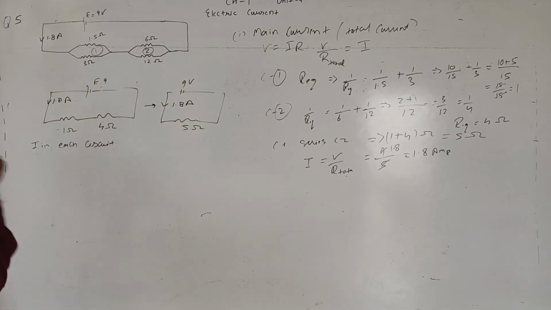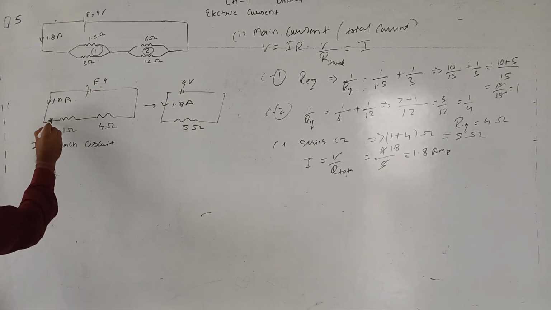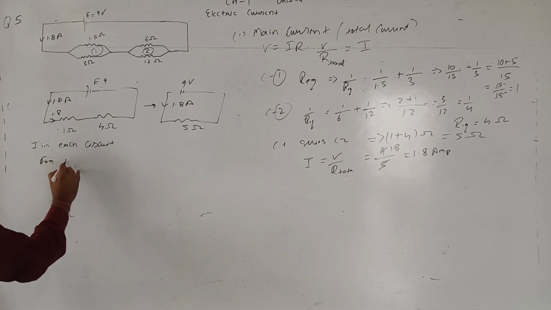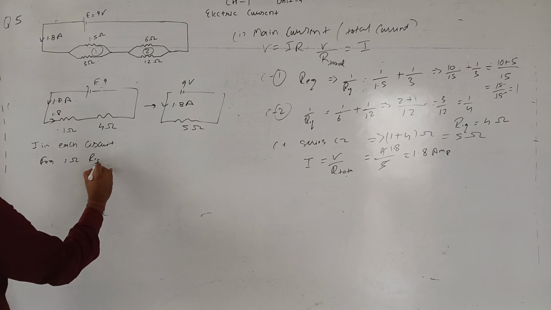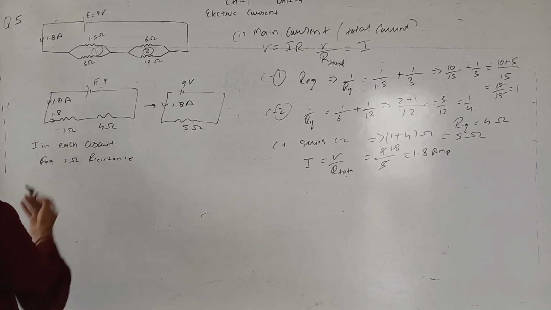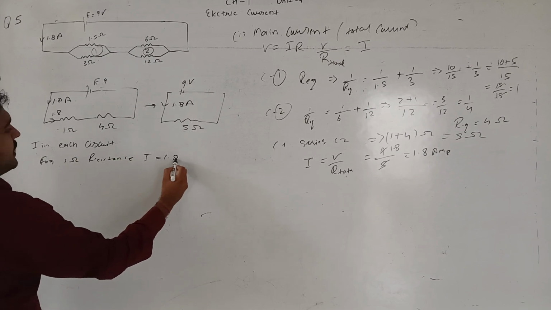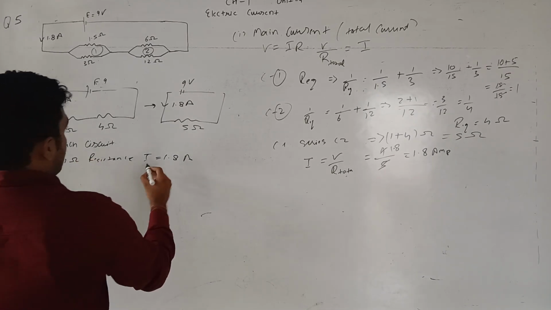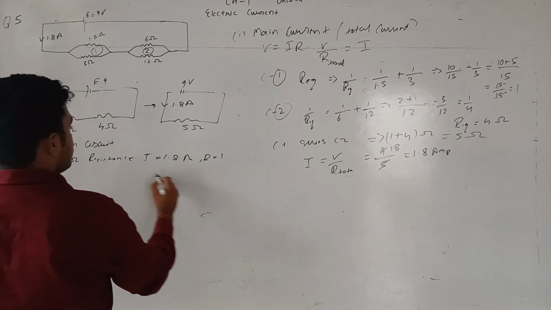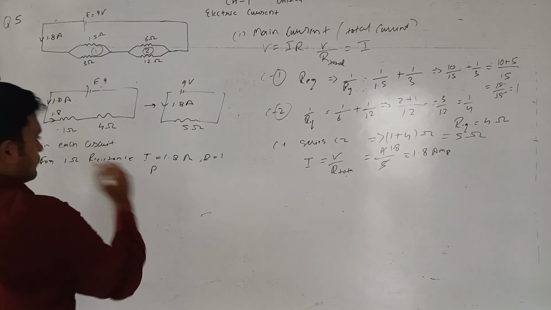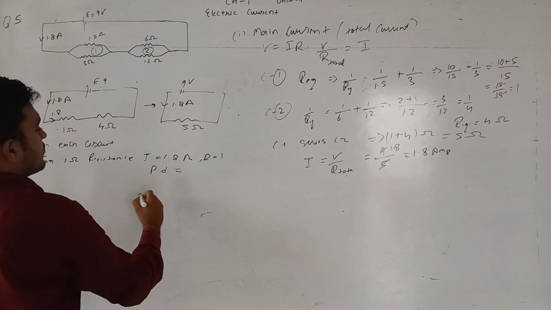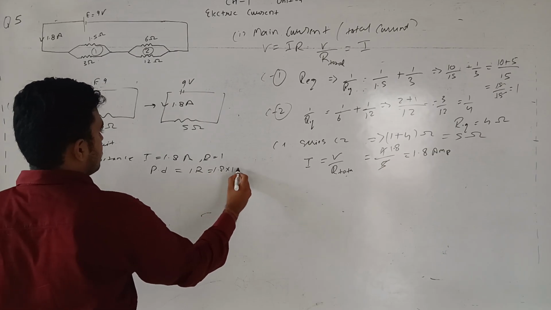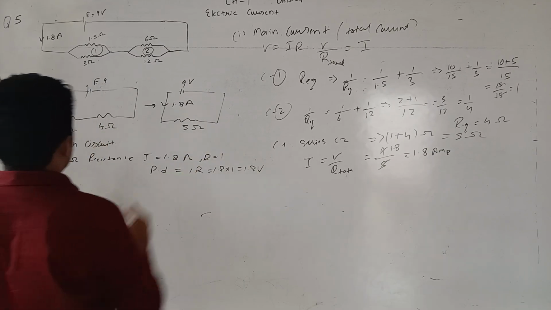So here current is I, current is 1.8 for the 1 ohm resistance. For the 1 ohm resistance, current is equal to 1.8 ampere. Therefore, the potential difference will be, with R equal to 1, I into R is equal to 1.8 into 1 is equal to 1.8 volt.